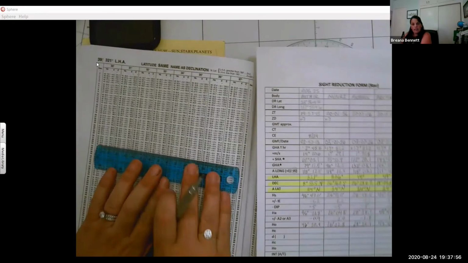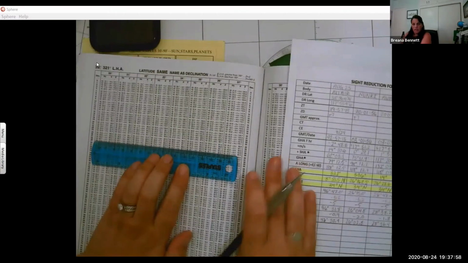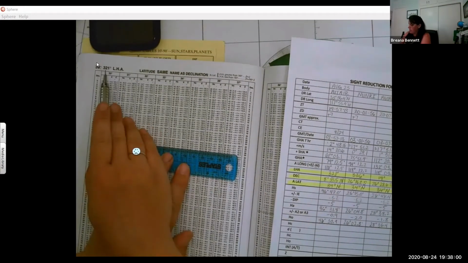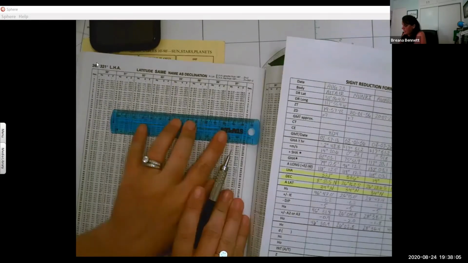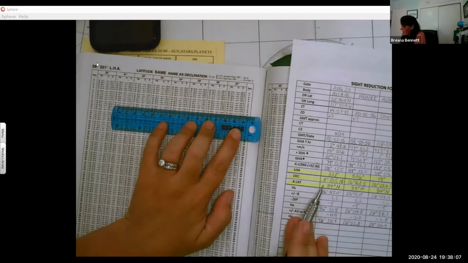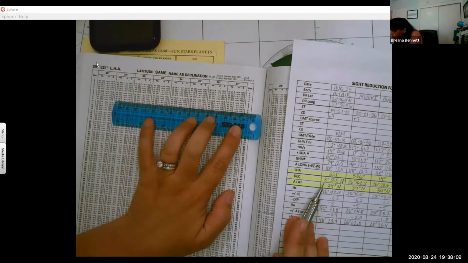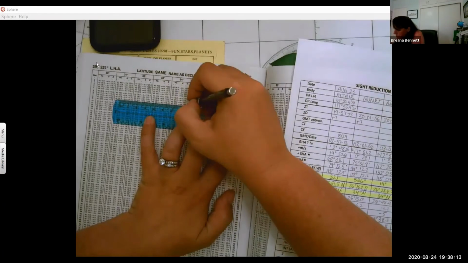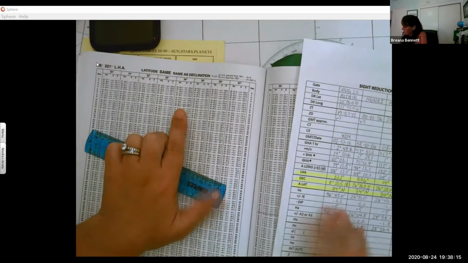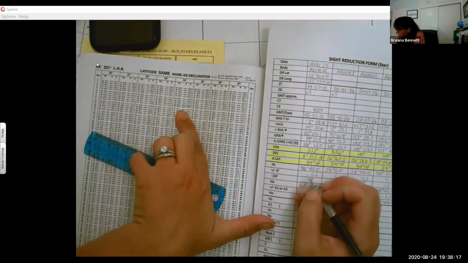So we have 321, 14, and then our declination is going to be 855. So here's our 8. I'll write in these numbers so we can see them.